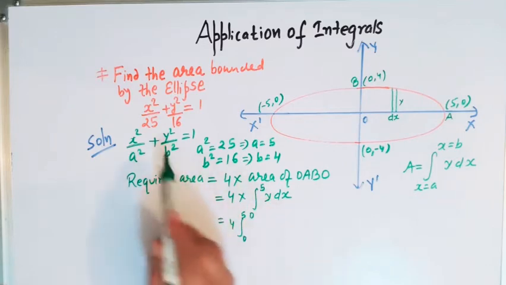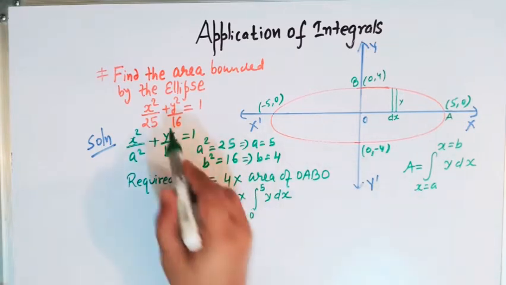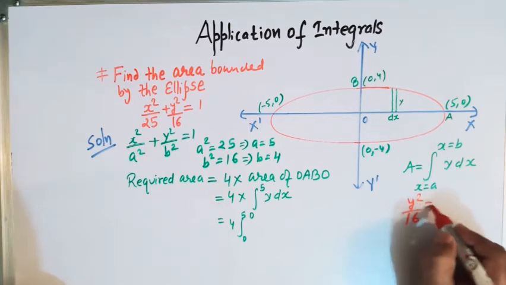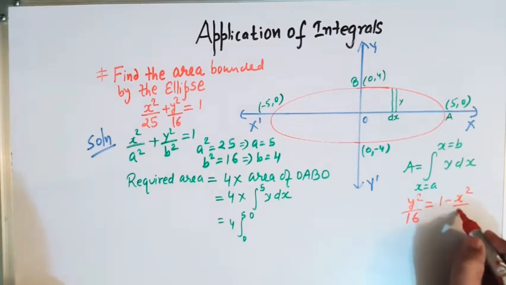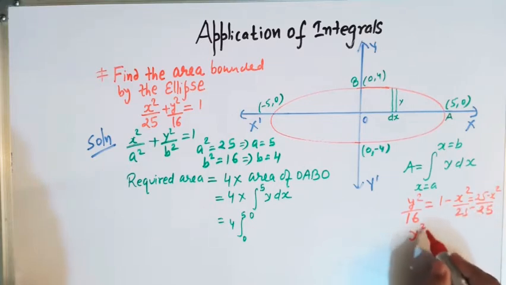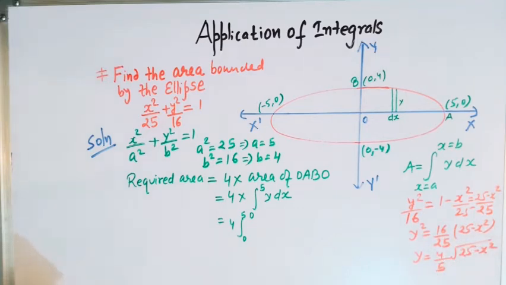Now the value of y will be calculated from this expression, and the value is: y square by 16 is equal to 1 minus x square over 25, and this can be written as 25 minus x square divided by 25, and y square is 16 by 25 times 25 minus x square, and y can be written as 4 by 5 times the square root of 25 minus x square, right?